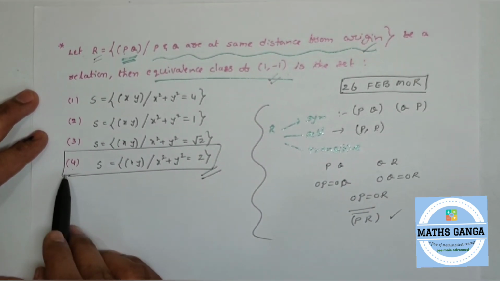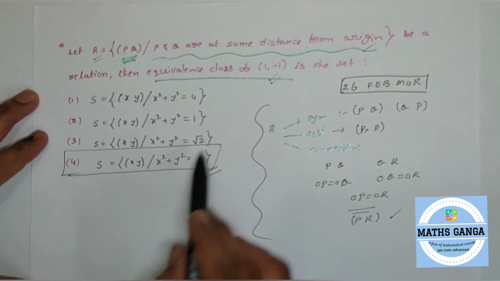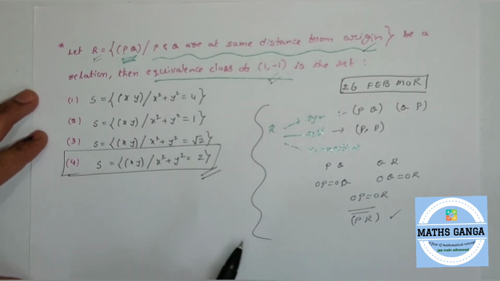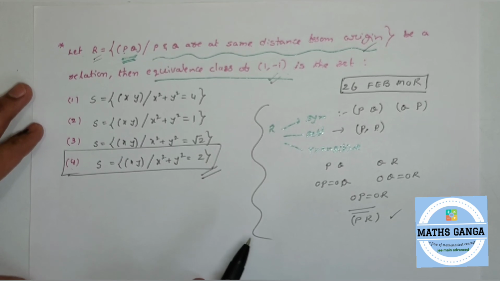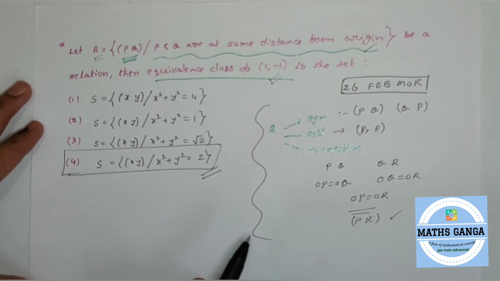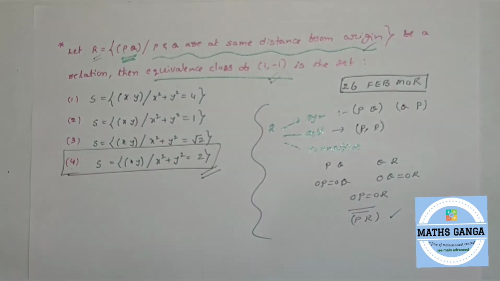Directly find the option which satisfies the given point, and your option is 4. It is one of the easy problems which saves your time in the examination, but it needs a little knowledge of equivalence classes. If you know about relations, then you will easily mark the option, save time, and use that time in answering other questions.